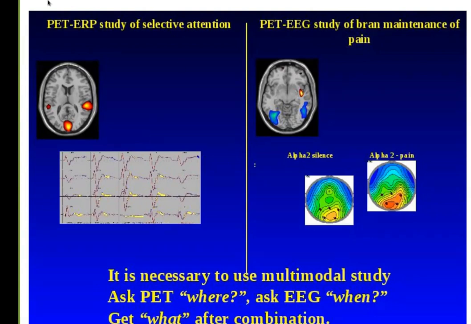In these pictures, you may see the combining of these two methods, and it's easy to distinguish where pathological states take place.